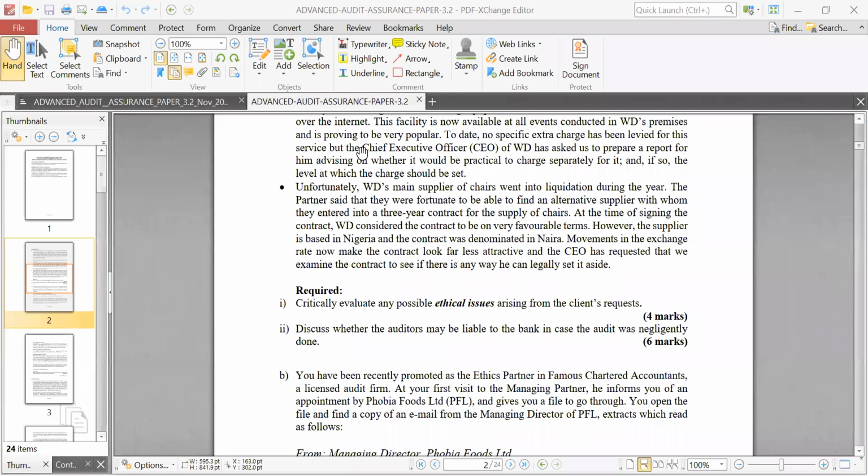Then after this is established, the bank must further go ahead and prove that the auditor has breached that duty of care. He must go ahead and prove what are some of the things that the auditor did that shows that these people have breached the duty of care.